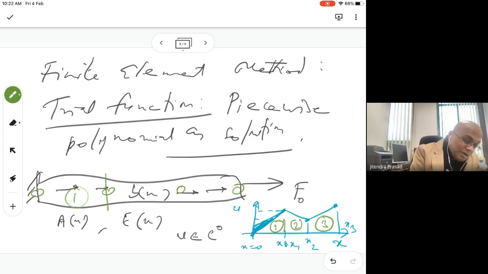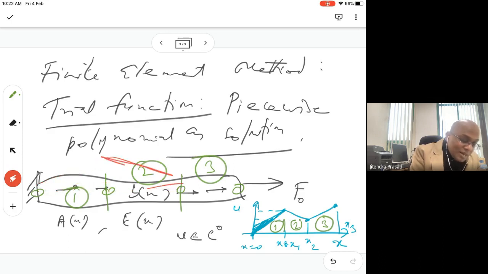For each element the solution is varying linearly. Since they are connected here, they should share the same u from both sides. Hence, we are imposing that to begin with.